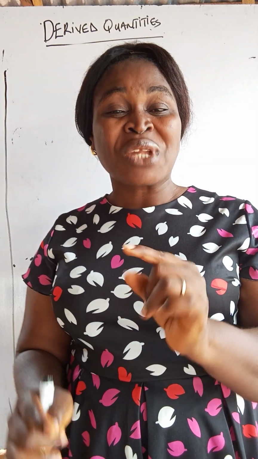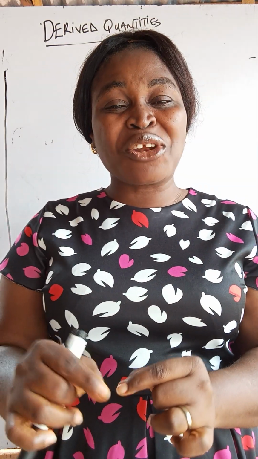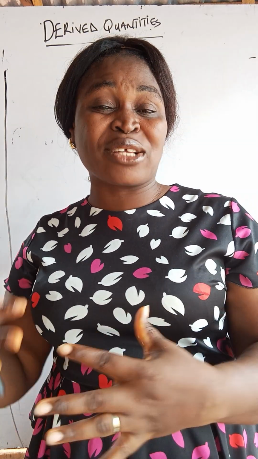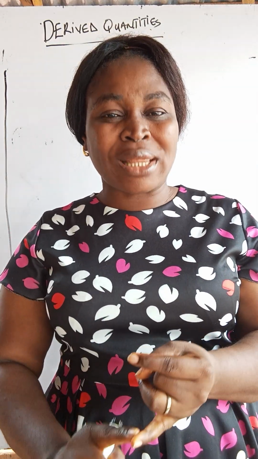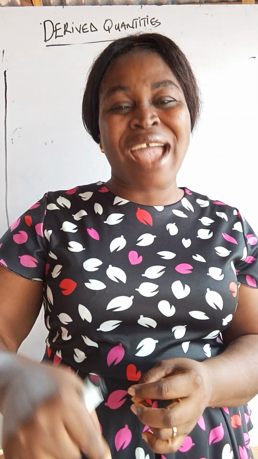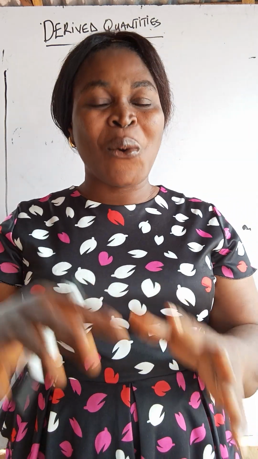On the other hand, block is depending on water and sand for its production. In other words, no matter the quantity or the size of cement, there is no way we can produce block without water and sand. Therefore, block is a derived quantity because it is depending on water and sand, which are fundamental quantities.